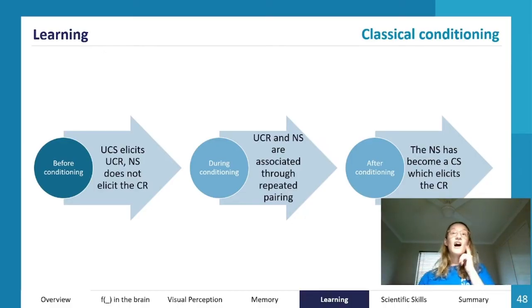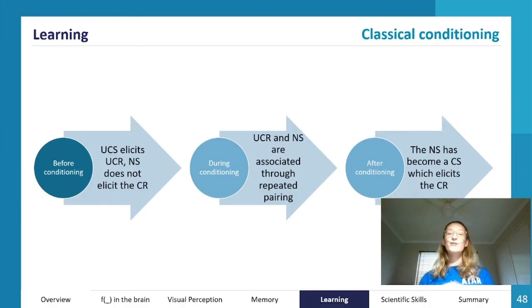The dogs are unconsciously pairing and associating the food and the drool with the bell. After conditioning, our bell, which didn't even mean anything at first, becomes a conditioned stimulus, which is the neutral stimulus after conditioning has occurred.